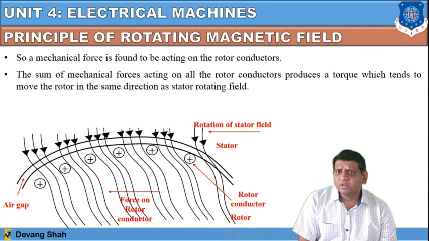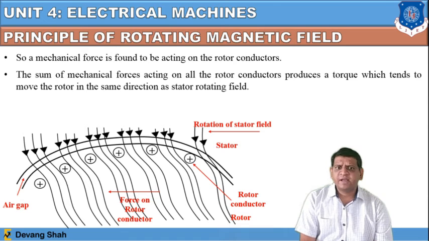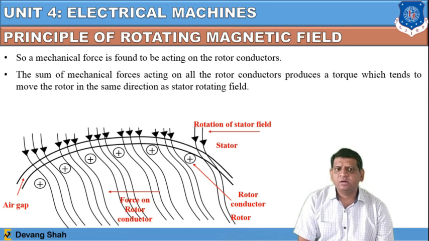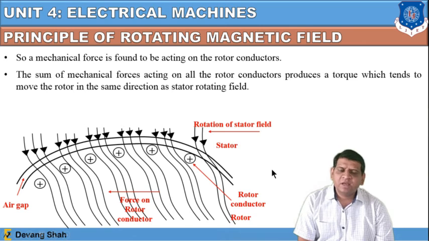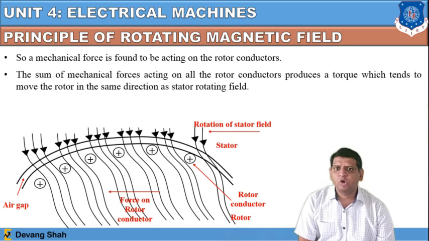The sum of the mechanical forces acting on all the rotor conductors produces a torque which tends to move the rotor in the same direction as the stator rotating field. All conductors carry current, and each conductor exerts a force, and that bunch of forces we define as the torque. So the initial torque is generated through these mechanical forces.